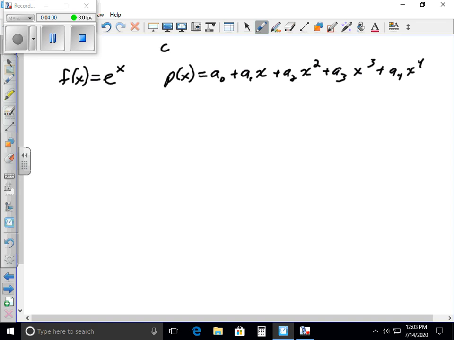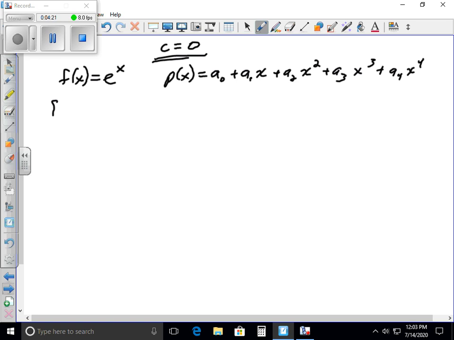And we're going to center it at 0. If it's centered at 0, then it's also known as a Maclaurin polynomial. Taylor polynomials can be centered anywhere, but specifically, if it's centered at 0, that's referred to as a Maclaurin.